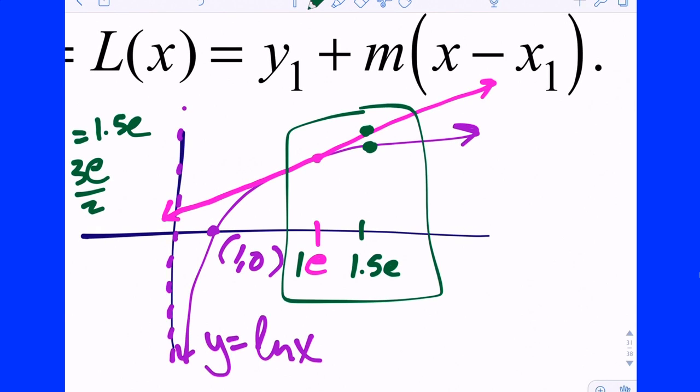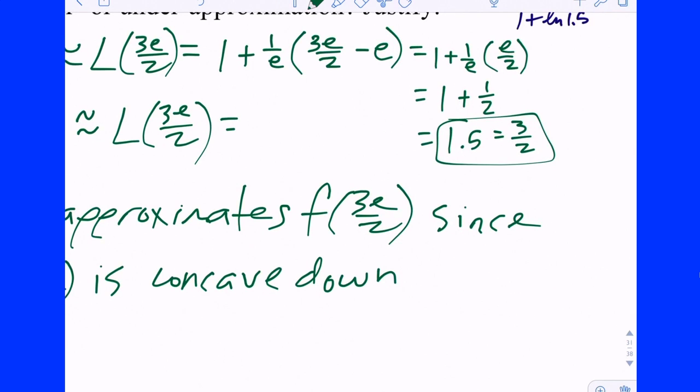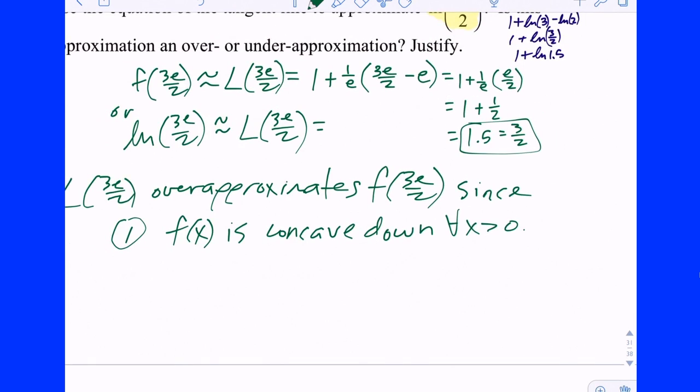Certainly over the interval that we're dealing with, right? From 1 to 1.5e. But again, if you want to just categorically say it's concave down everywhere to the right of 0, for all x greater than 0, that covers the interval. It has to at least be on the interval that you're working in. So that's one way to do it.